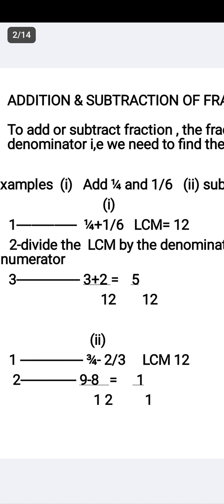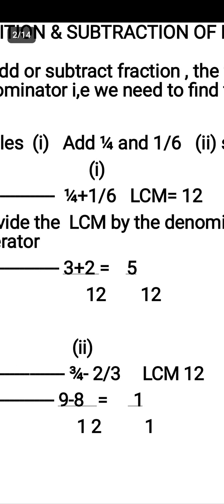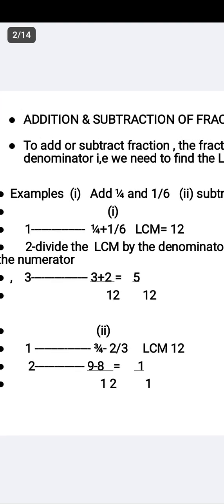So we have 9 minus 8 over 12, which is 1/12. The 12 is missing there. So the solution is 1/12. Assist me to correct it as 1/12, not 1/1. Is that clear? And that is how it is done.